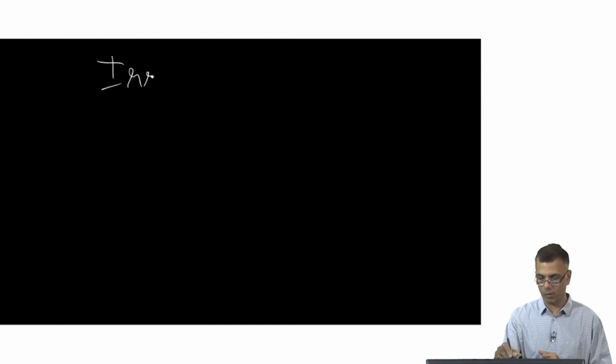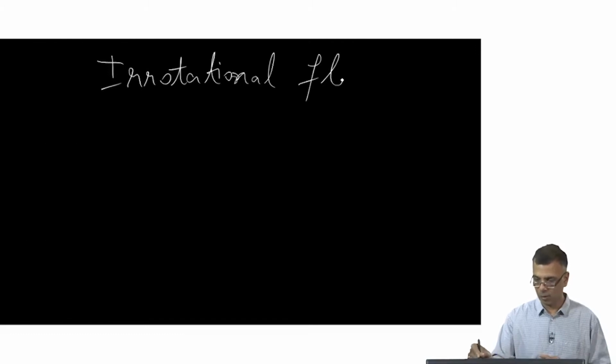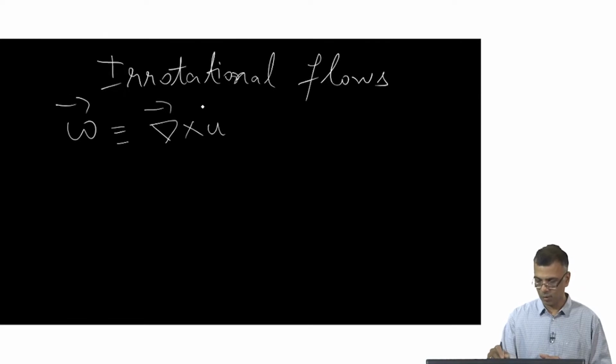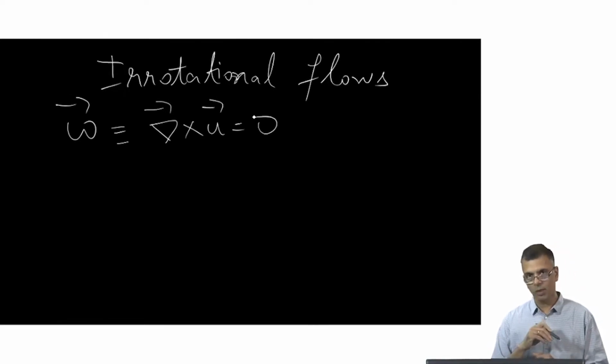Irrotational flows are ones where the vorticity is equal to 0. Now we've already discussed this, but it's useful to recap it.